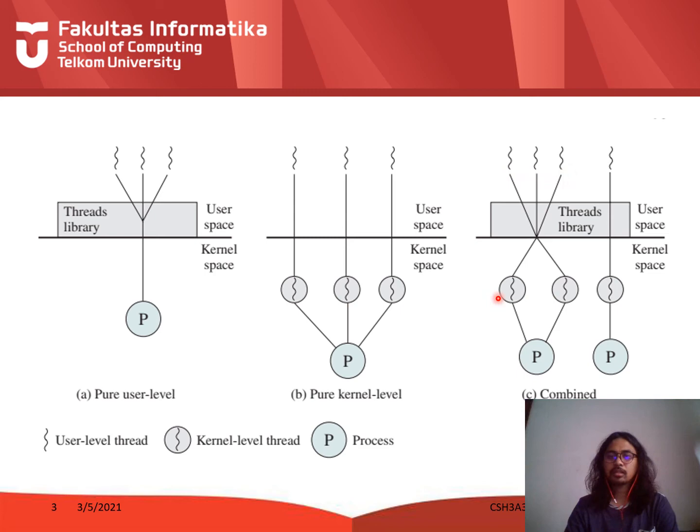So here there are two, but here there are three. That means that one of the threads created in the kernel space created two other user space threads. So there you go. Here you can see that this is the user level thread and this is the kernel level thread.